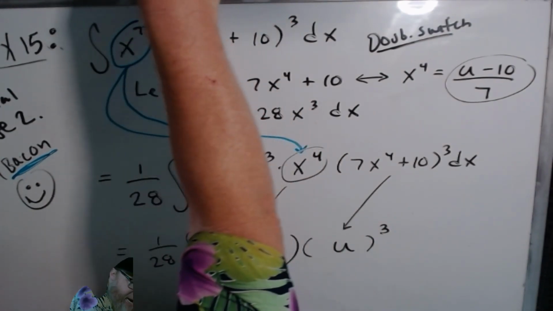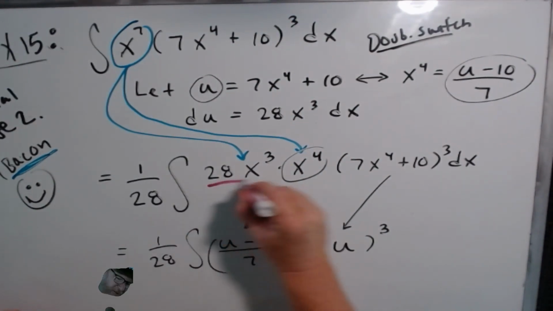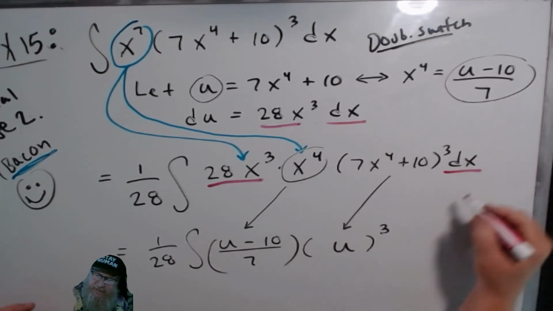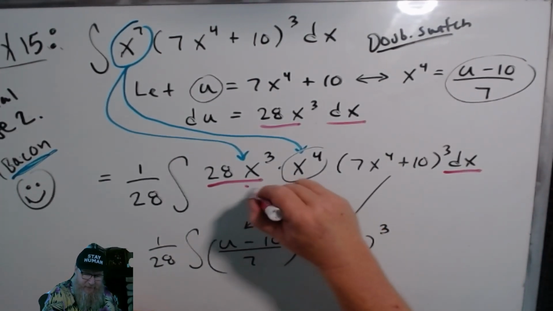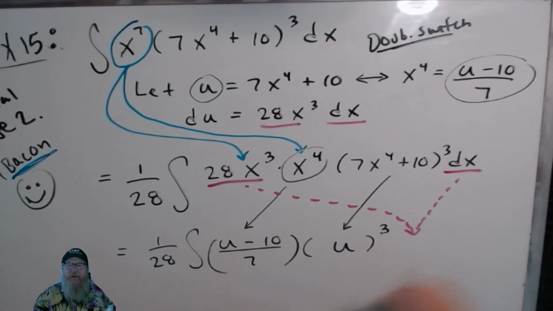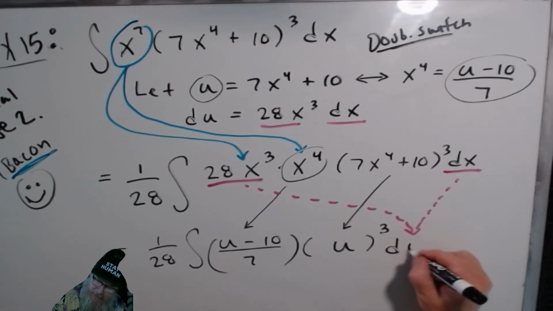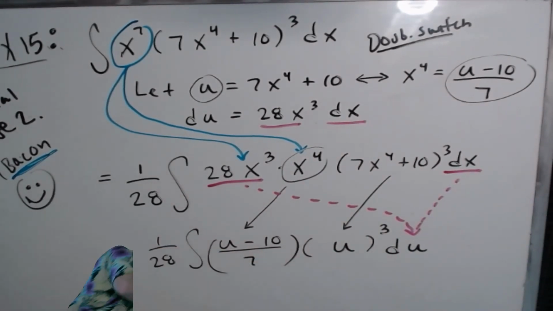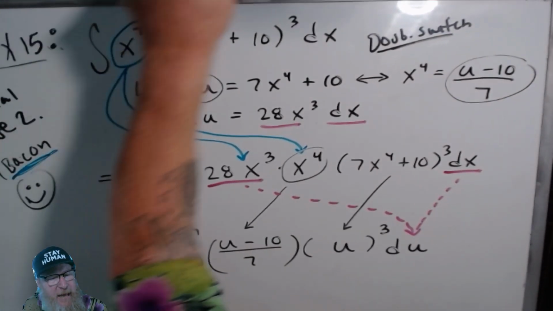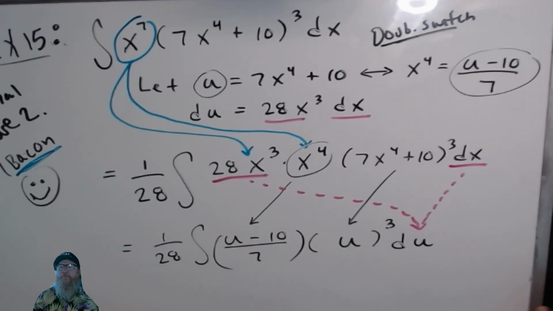And then these guys, 28x to the third and the dx, those guys marry together to live happily ever after, well, at least till the rest of this problem is over, and then they break up. Okay? So they'll last till the end of this problem.